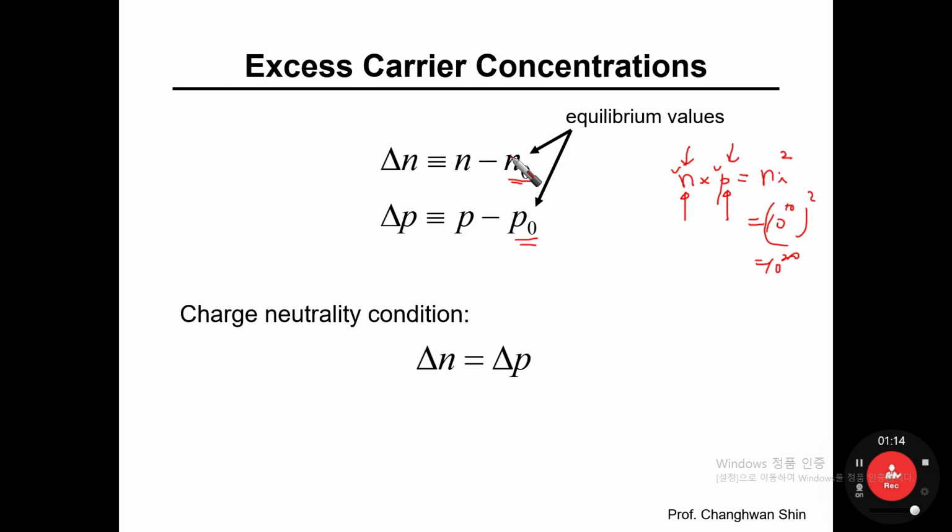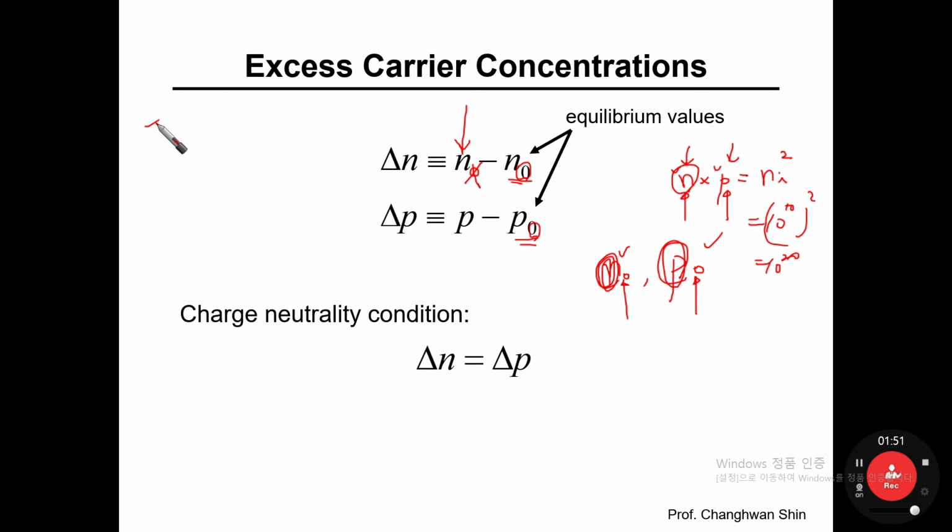So to explicitly indicate this n has been obtained at thermal equilibrium, from now on, let's use this subscript naught. N naught and P naught indicate the electron concentration at thermal equilibrium and the hole concentration at thermal equilibrium. Then without the naught, this n indicates the electron concentration at a non-equilibrium state.